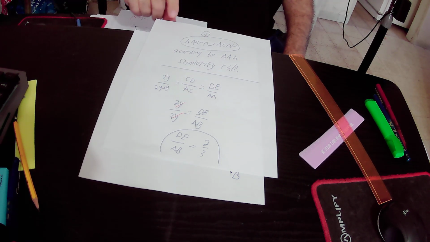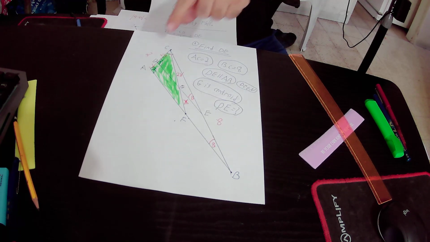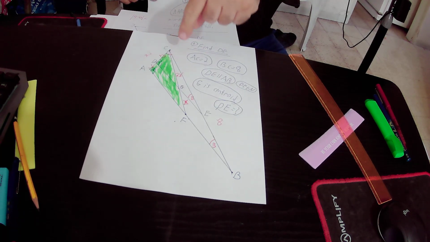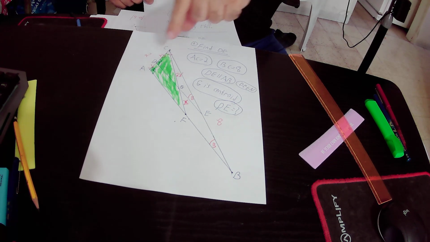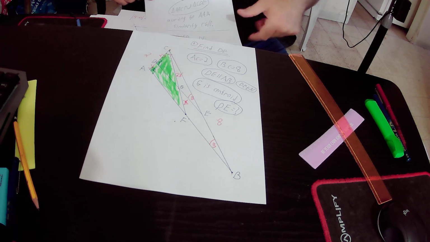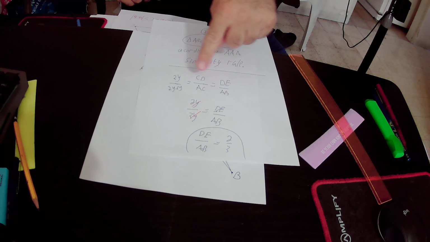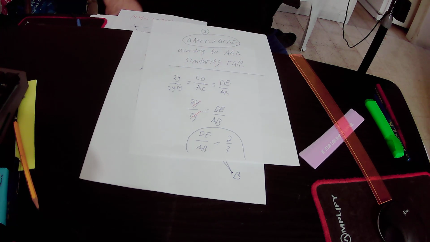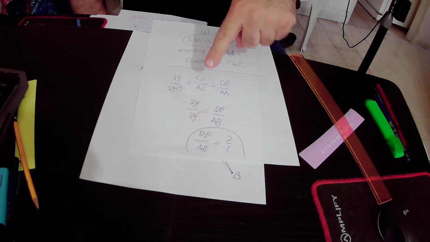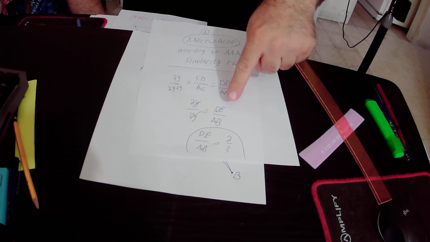But what is the value of CD? CD equals 2y. What is the value of CA? CA equals CD plus DA, that is to say, 2y plus y, that is to say, 3y. So CD equals 2y and AC equals 3y. So we got that 2y over 3y equals DE over AB.